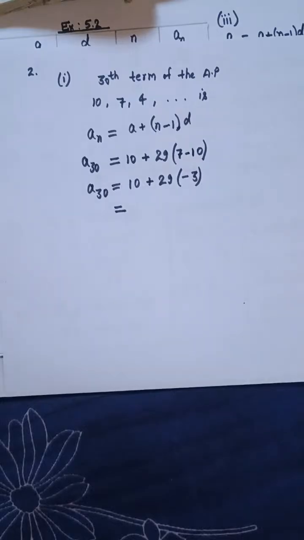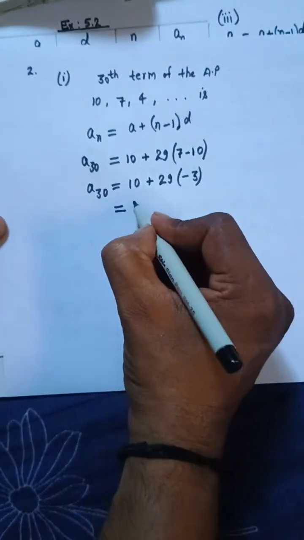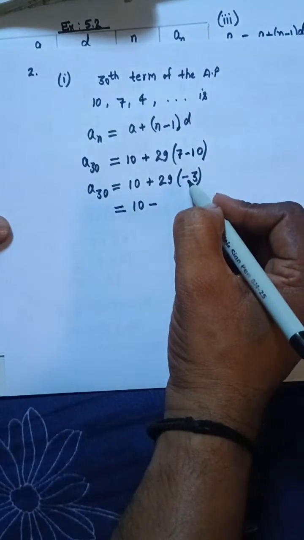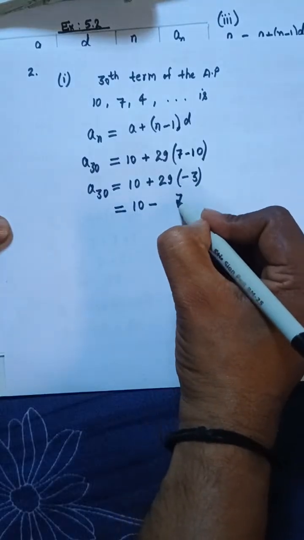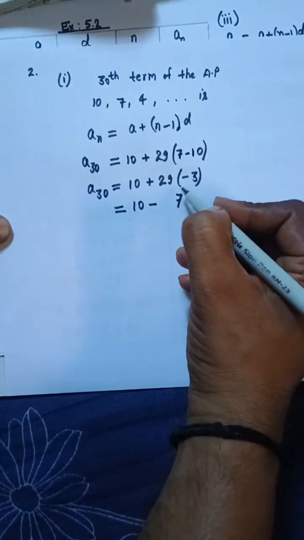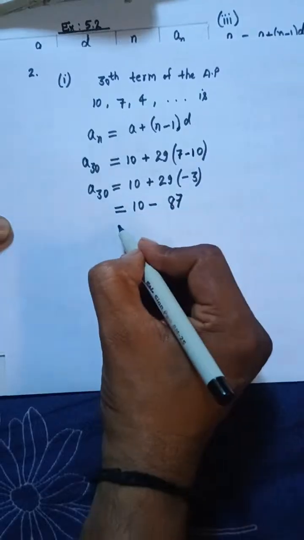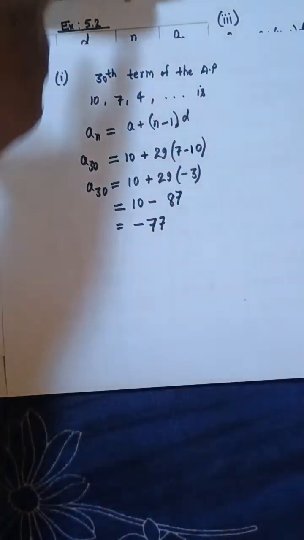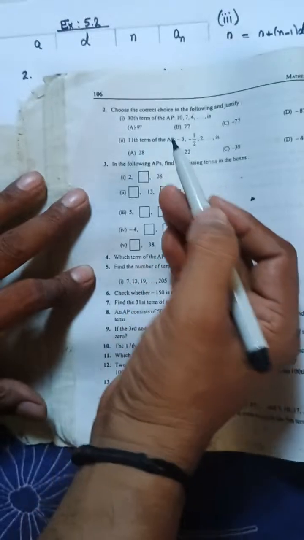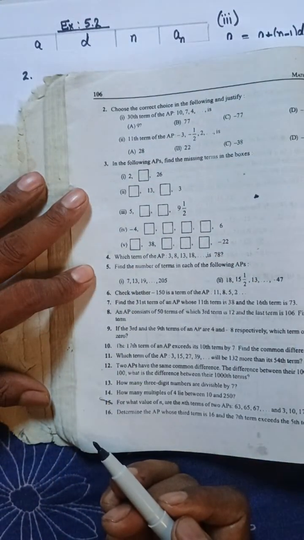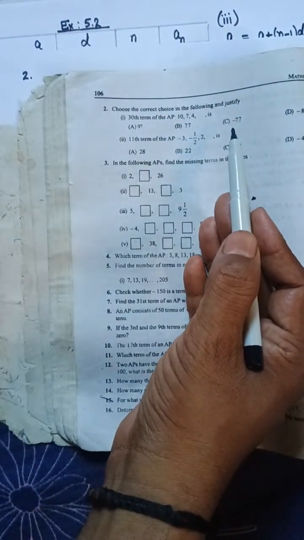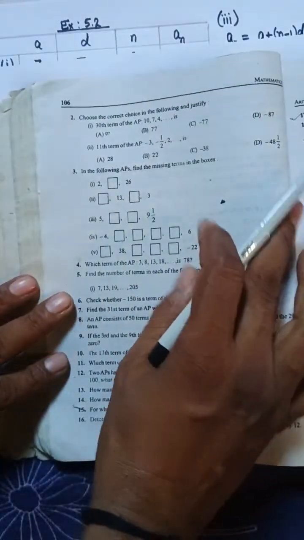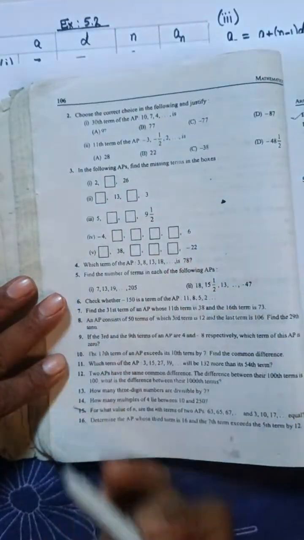We can find out A30. So here it has come: 10, then minus, okay, 3 into 9, 9 threes are 27, and 2, 3 twos are 6, 2 8, 87, so this became -77. So the option -77 is coming as our answer. Let's check whether it is in our options. You can see 97, 77, okay, then -77, -87 is here. So -77 is the correct answer. Okay, third number, C equal to -77.